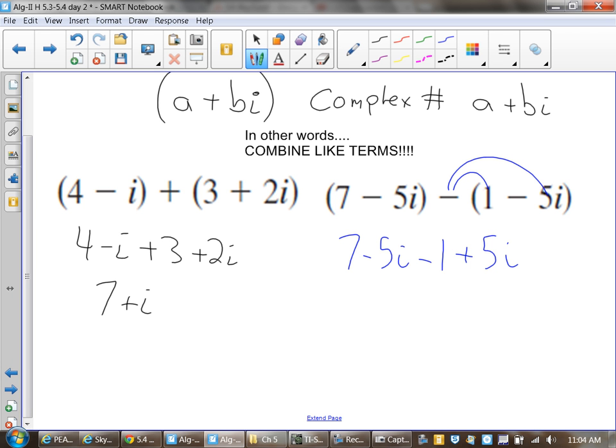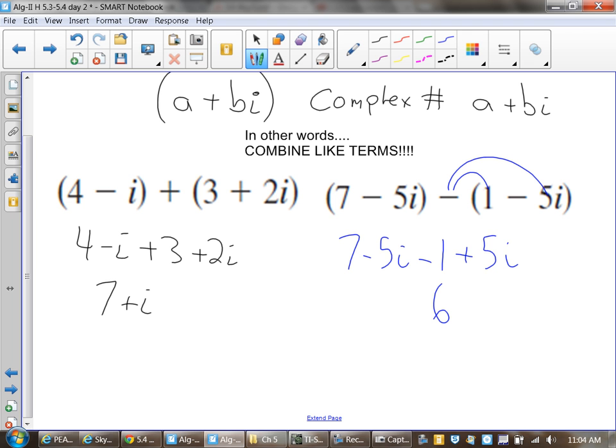You're distributing the negative 1, because it's basically 7 minus 5i minus 1 times the quantity 1 minus 5i. So you're distributing the negative 1 throughout the terms within the parentheses, and now combine like terms. The answer is 6.